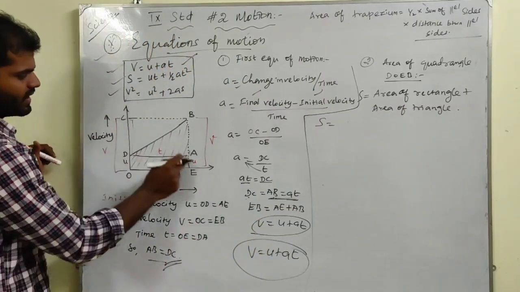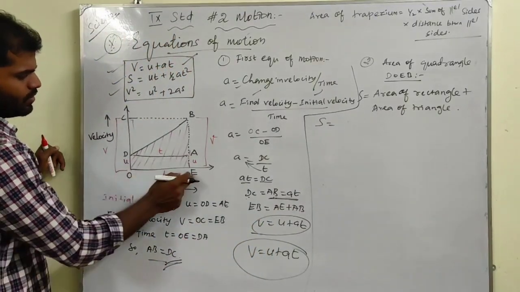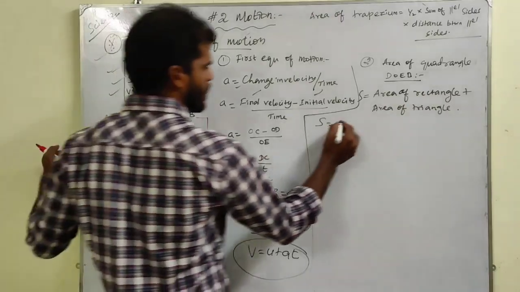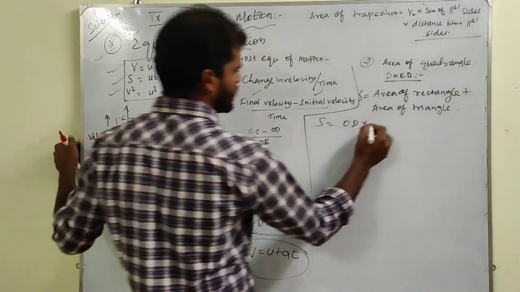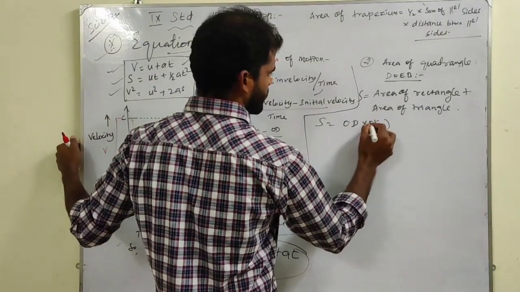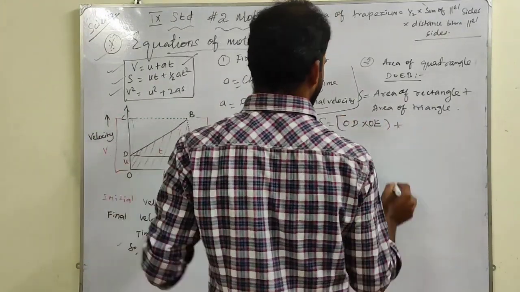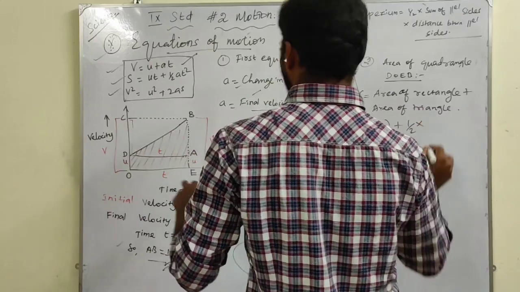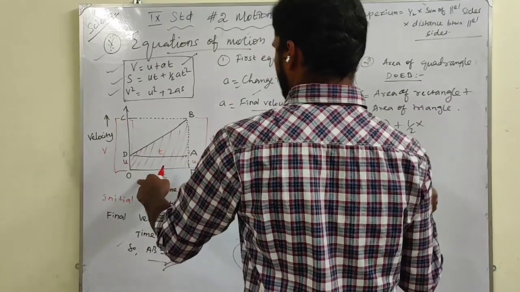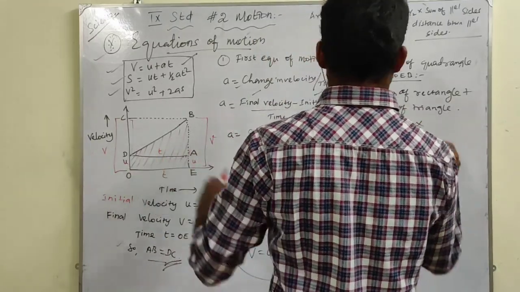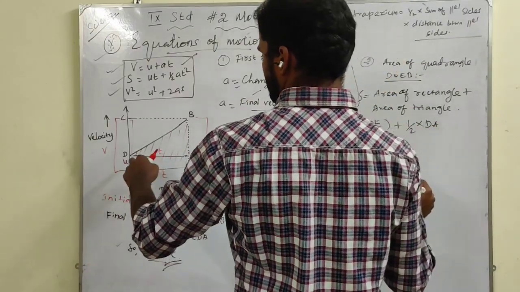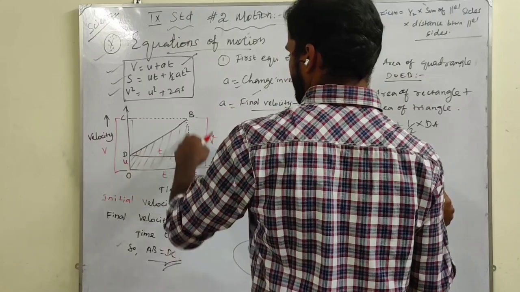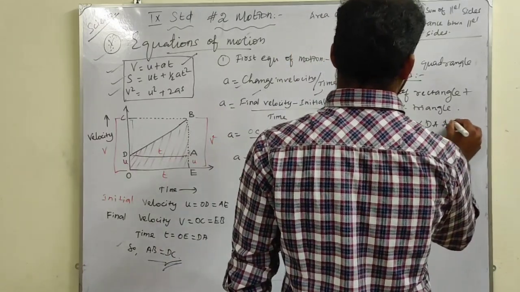What is the formula? Area of rectangle is L into B, so OD into OE, plus area of triangle, that is nothing but half into length, that is BA, into height, that is AB.